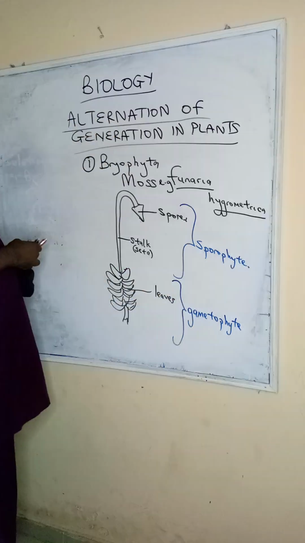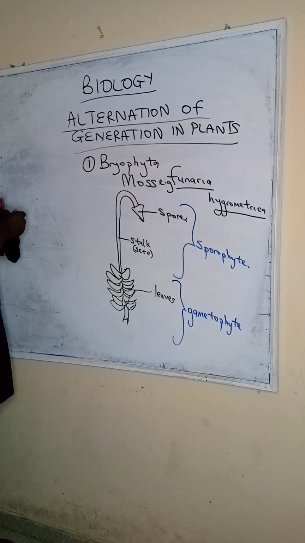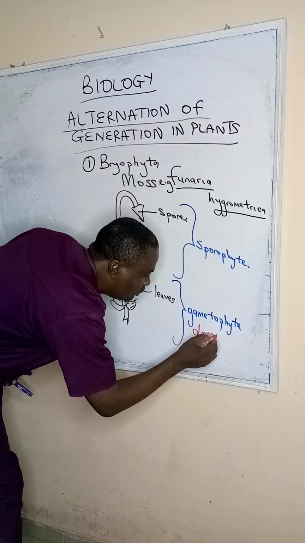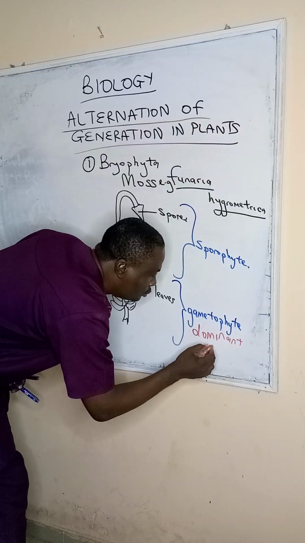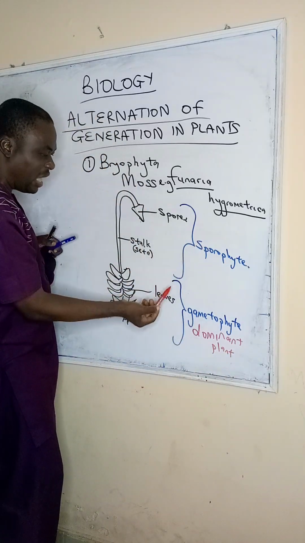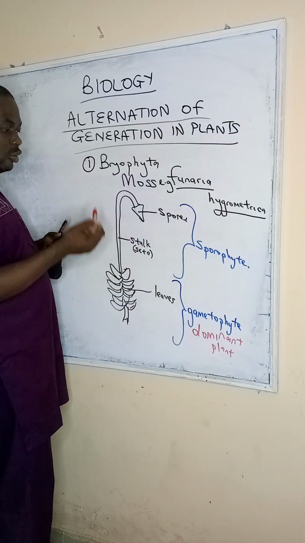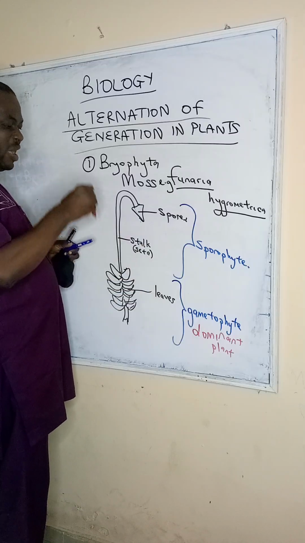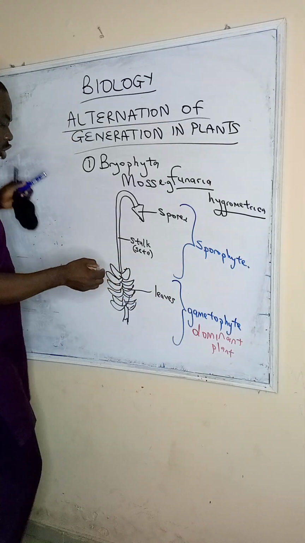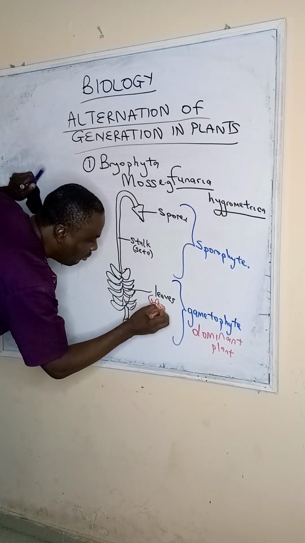So in the case of bryophytes, the dominant plant is the gametophyte. The sporophyte is attached and dependent on the gametophyte. It cannot live on its own. The female gametes are covered under the leaves here.